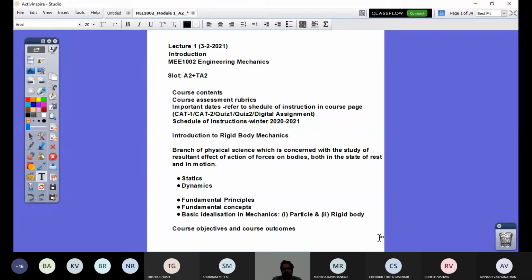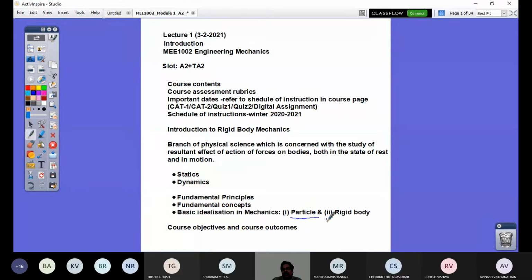Importantly, you would remember that in the last class I was repeatedly telling you about the basic idealizations in rigid body mechanics. One is particle idealization, another is rigid body idealization. This is very important. Particle idealization does not refer to massless bodies. It is not a tiny dust particle. It is a rigid body whose physical geometry can be neglected for convenience of our observation and study. The example I quoted in the last class is an airplane.